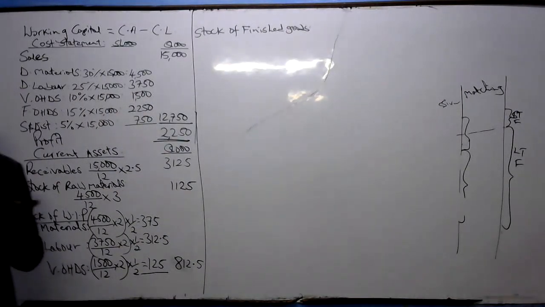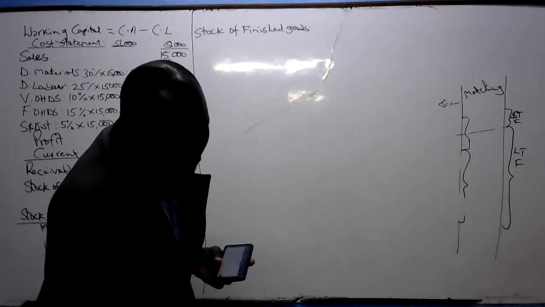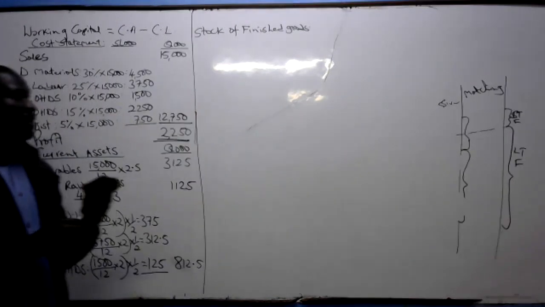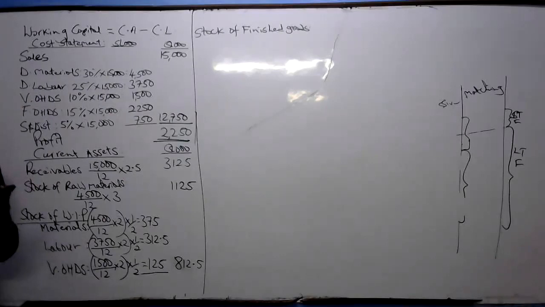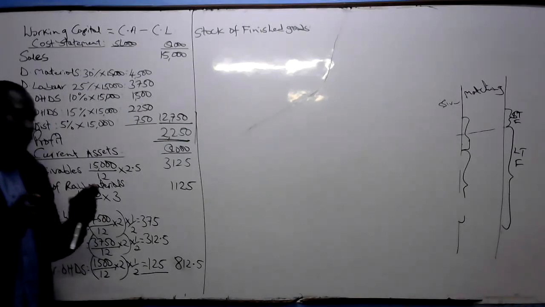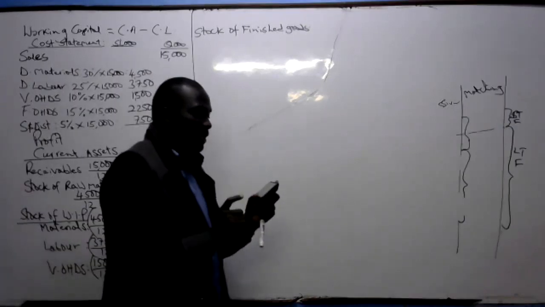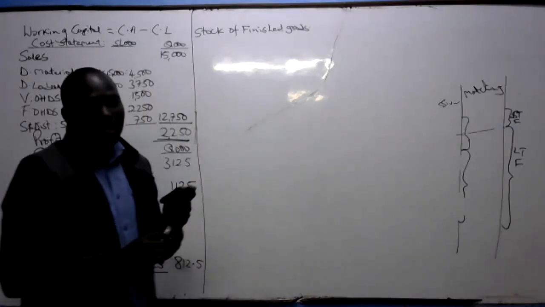Stock of finished goods. Note number 3 is again guiding us. Na ikasema, the work in progress and finished goods are valued at material, labor, and variable expenses.